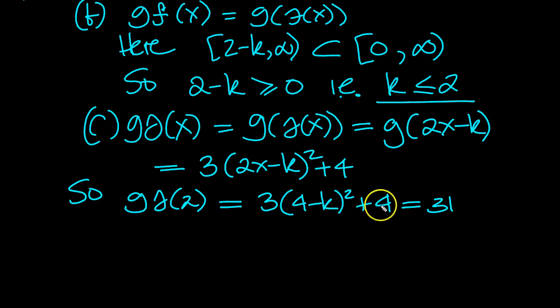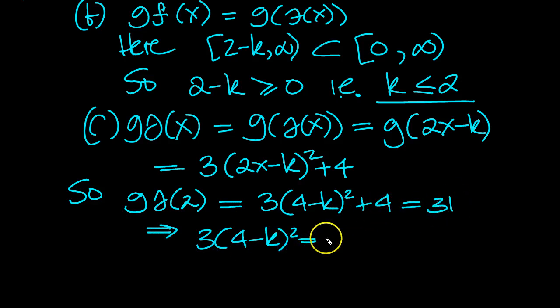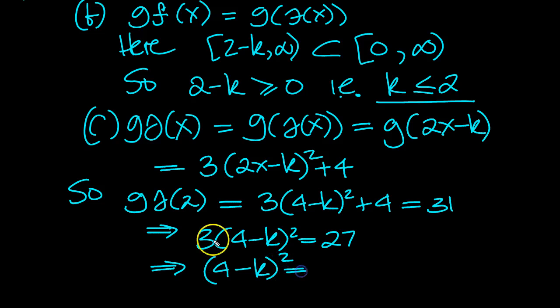Move the 4 over: 3 times 4 minus k squared is equal to 31 minus 4, which is 27. Divide by 3 both sides. 27 over 3 is 9. Square root both sides, so we get 4 minus k equals plus or minus 3.